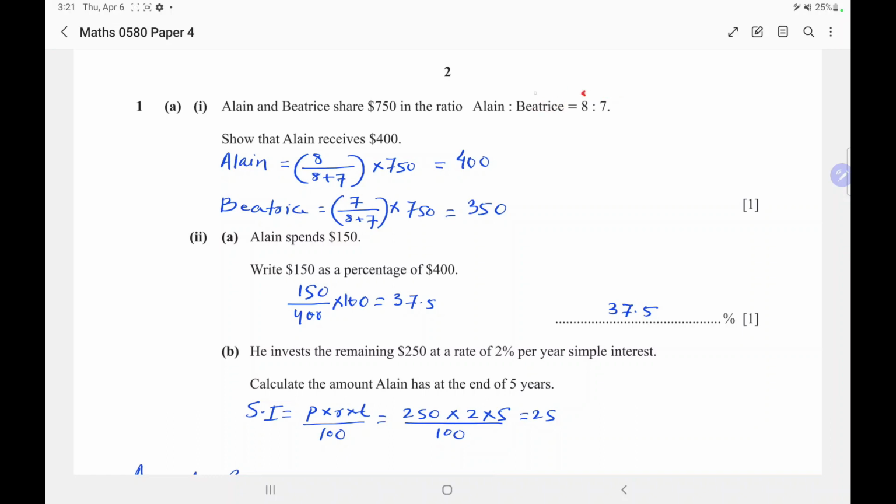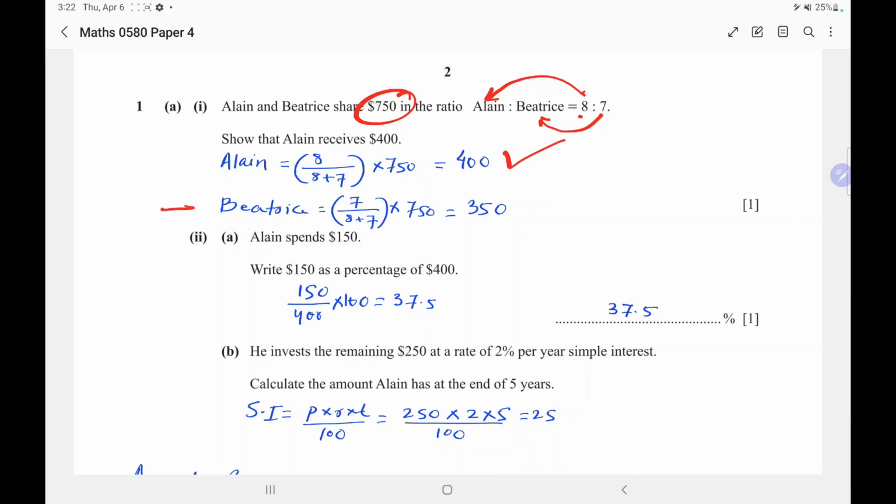This 8 is associated with Elaine and this 7 is associated with Beatrice. So for Elaine's share, it will be 8 over the sum of 8 and 7. These two we have to add. So 8/(8 plus 7) times the total, that's 750. Just calculate, you will get 400. That is only for 1 mark.